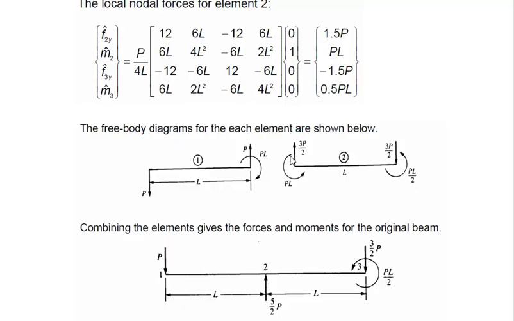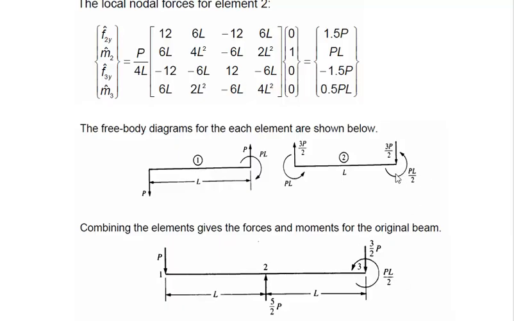So according to our convention, the nodal forces are positive in the counterclockwise direction. So this is PL, and then this minus 1.5P, it's acting in the downward direction here, and 0.5PL. So we have this force, this moment PL by 2.